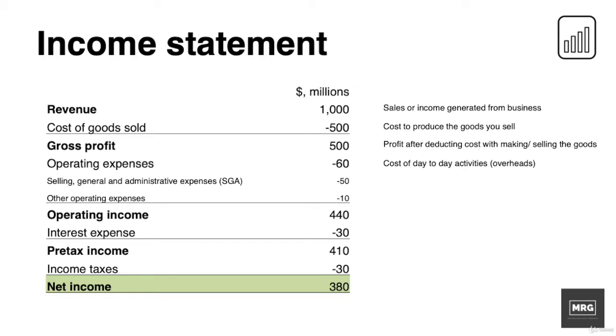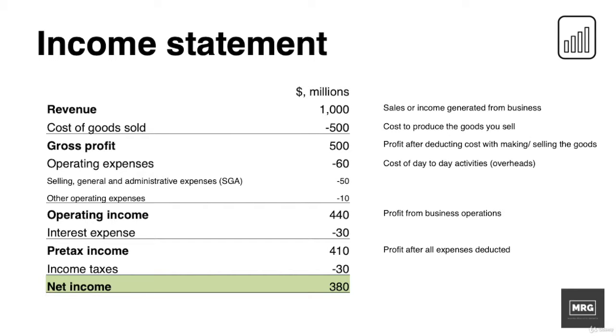Here we have the selling, general, and administrative expenses. So these are like your standard wages for your office admin staff, for instance, or rental. And once you deduct the operating expenses, you will get the operating income of 440 million. So this is the profit from business operations.